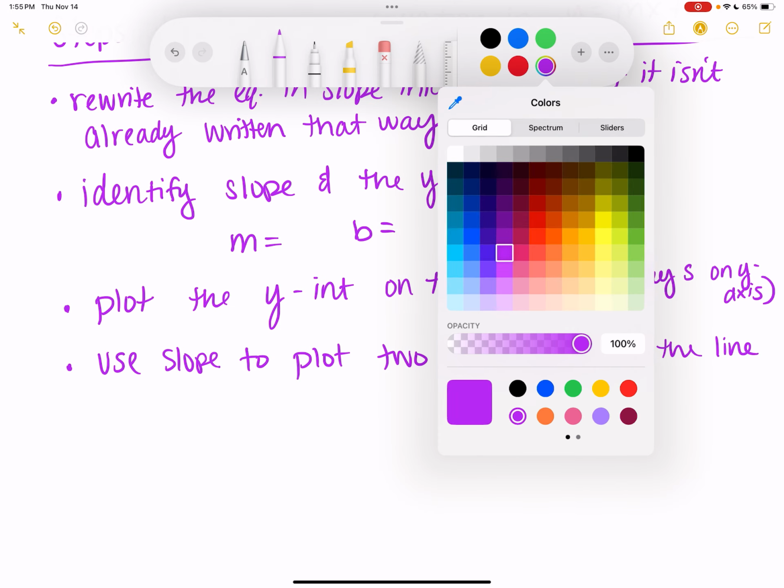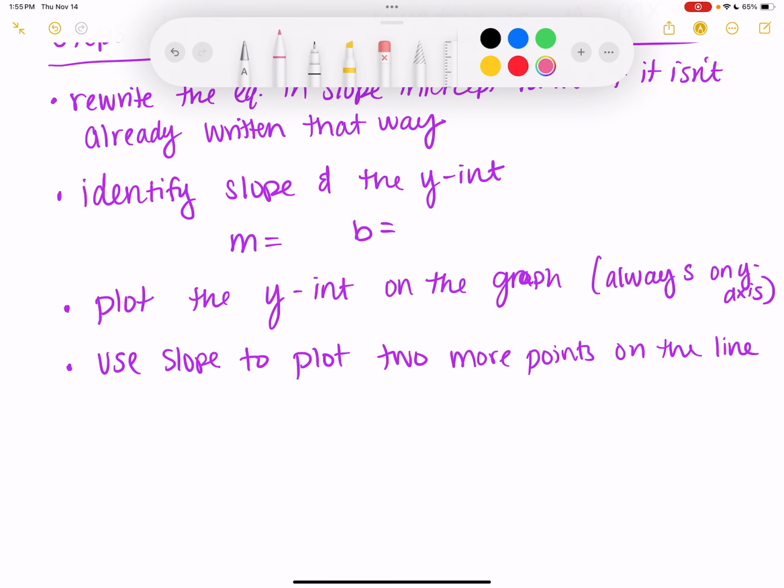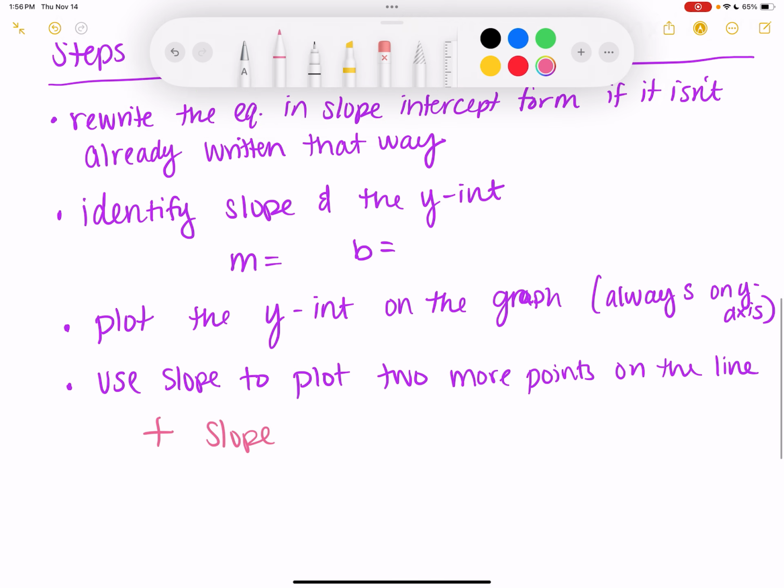Okay, and I'm going to note here that a positive slope means it is going up, then right, or you could say down and left.